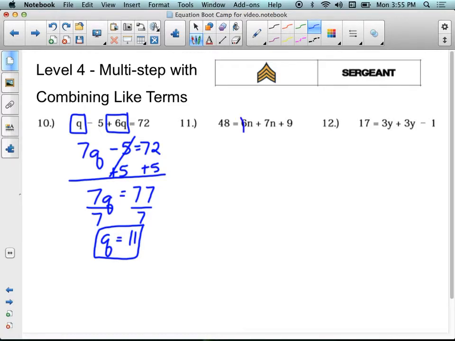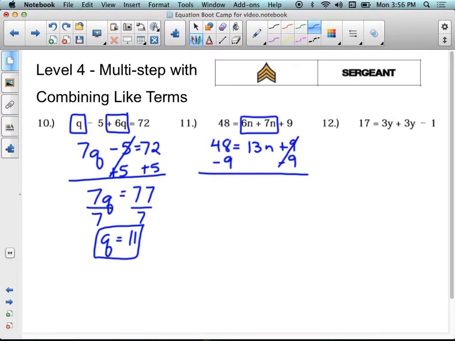I have 6n plus 7n. That's 13n. Okay, and I'll bring down the plus 9. 48 equals 13n plus 9. Now what I'm going to do, just like before, I see 13n is my variable term, plus 9 is my constant term. I'm going to add or subtract to eliminate the 9 from both sides.